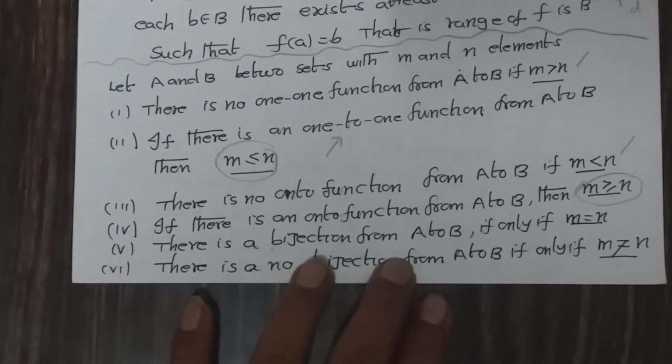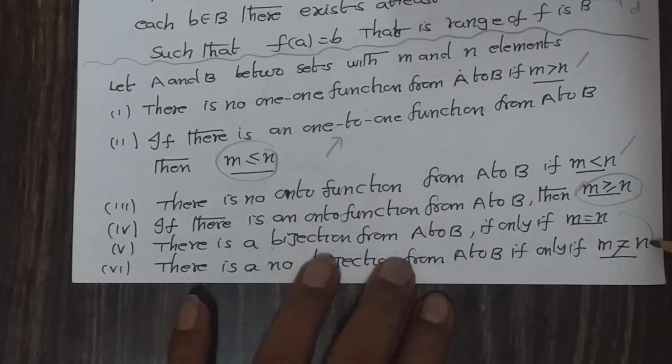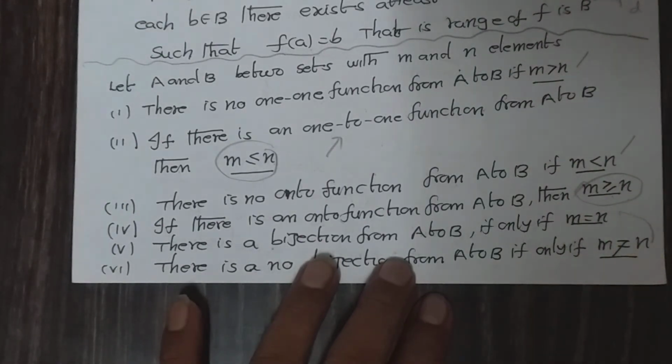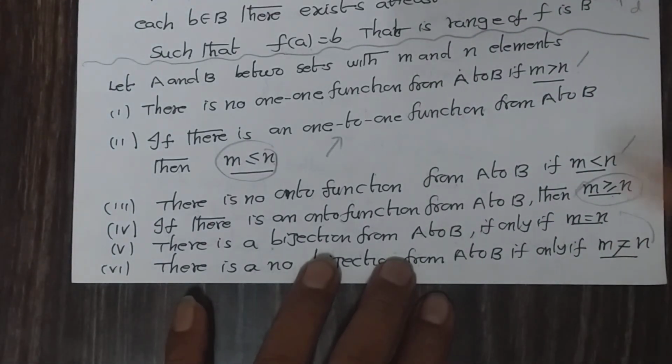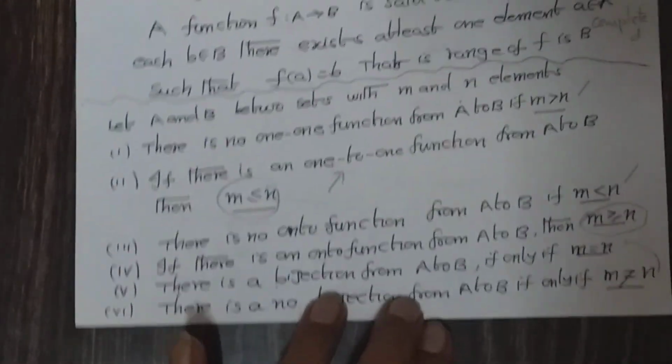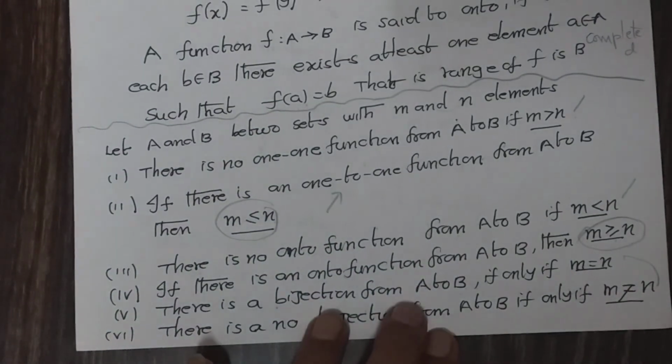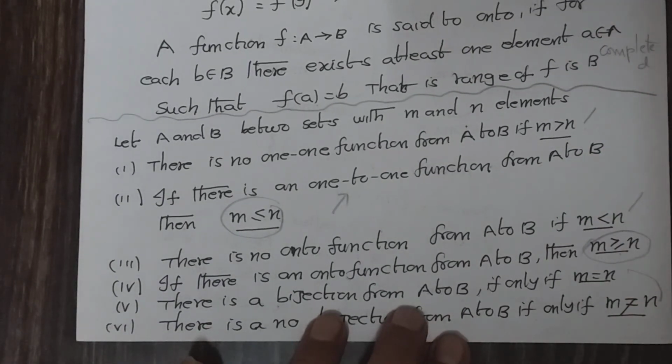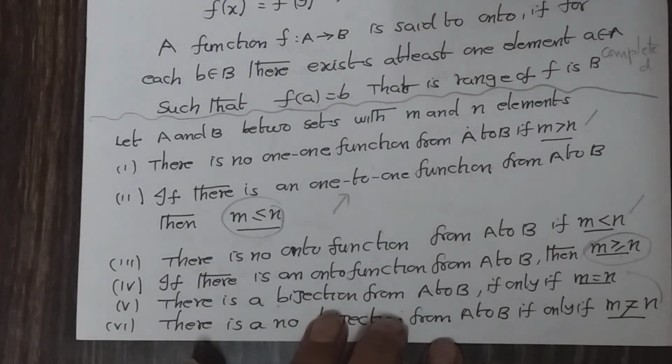But if not equal, it's not possible to frame 1 to 1 and onto at the same time. That means there is no bijection. So these 2 cases are very simple. Totally you should remember equal to, not equal to, less than, greater than or equal to, less than or equal to. These 6 cases you must remember clearly. They might ask in 1 mark. They can frame a lot of 1 mark questions like this. Even in the exercise we saw 2 sums like this.